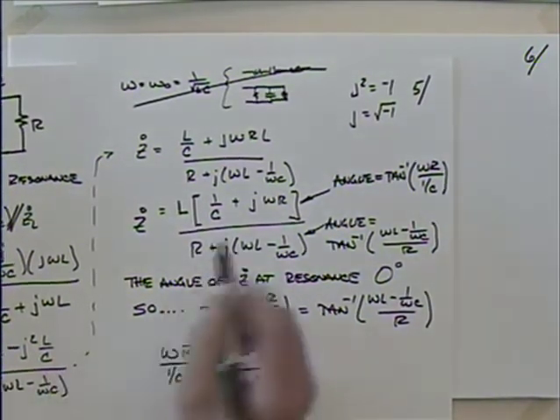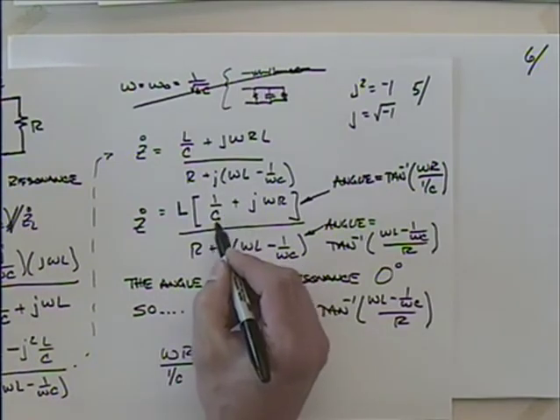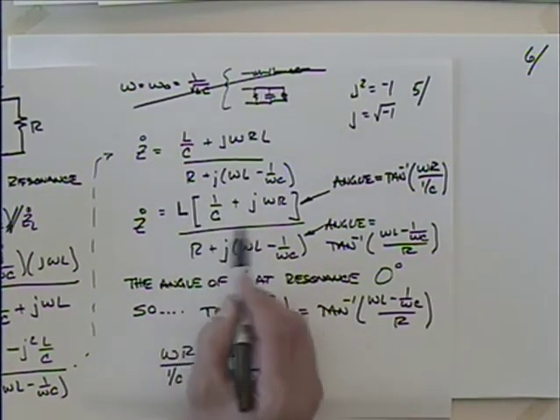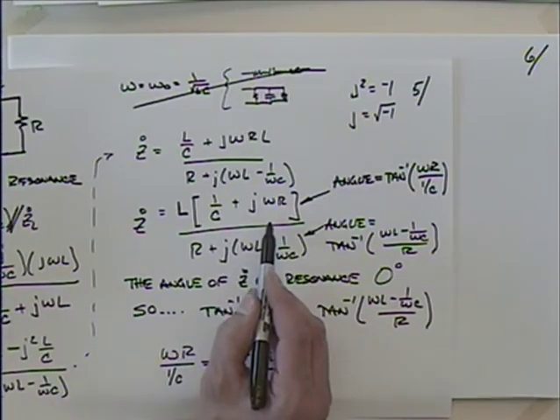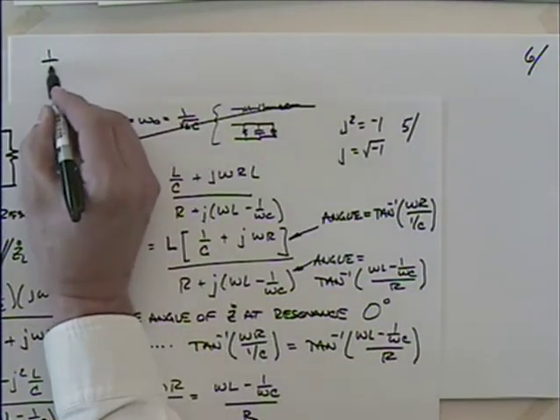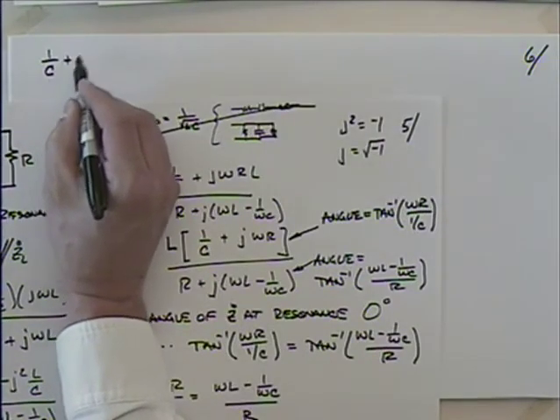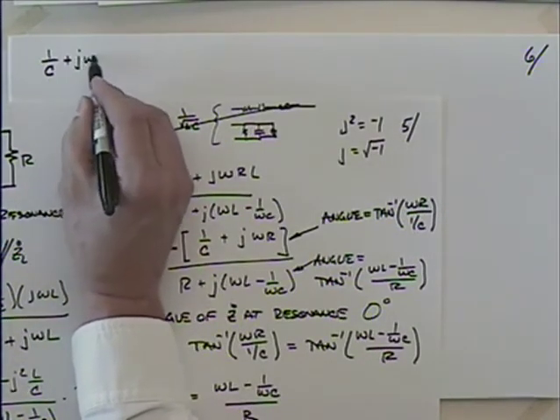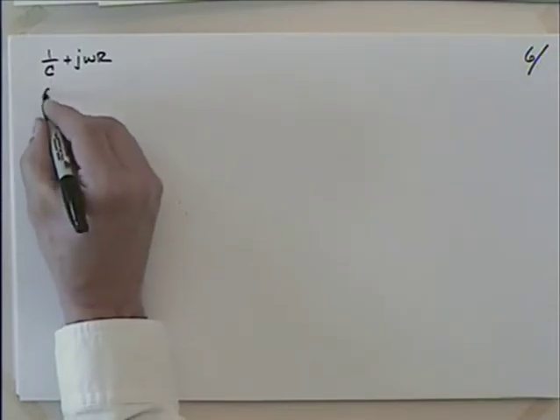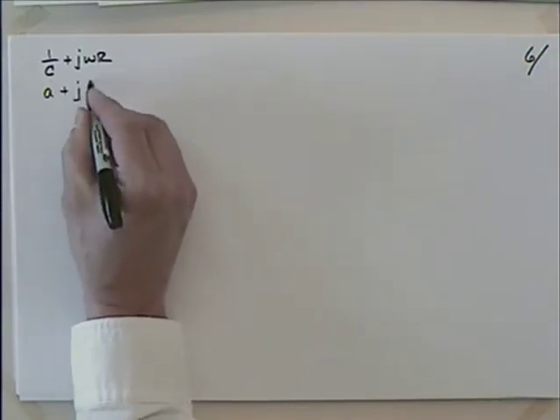The way we got that factored out. So this is just a constant, a real number, times a factor here. Okay? And if I look at this factor in terms of complex numbers, this 1 over C plus j omega R, we could really write that, I mean, if we were in math class, we'd tidy this all up and sanitize it and say this is A plus jB, right?